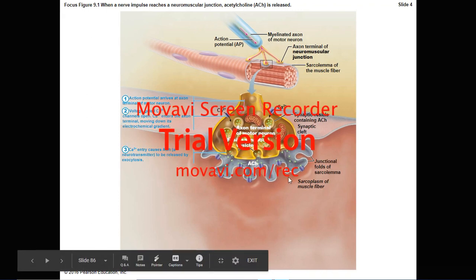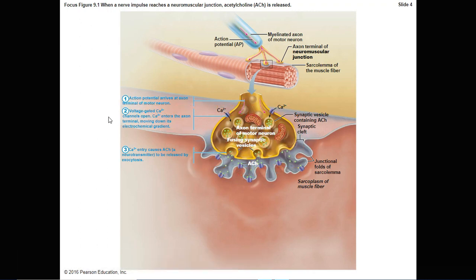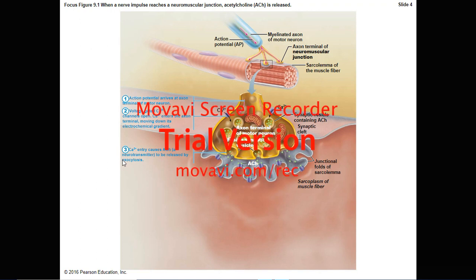And the rest of the figure actually has steps 1, 2, 3, where it talks about that. Okay, the action potential arrives at the axon terminal. Voltage gated calcium channels open, and the calcium enters the axon terminal, and it's going to cause the acetylcholine to be exocytosed in these vesicles.